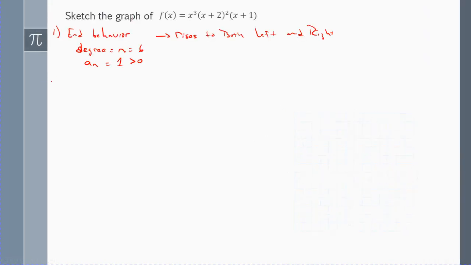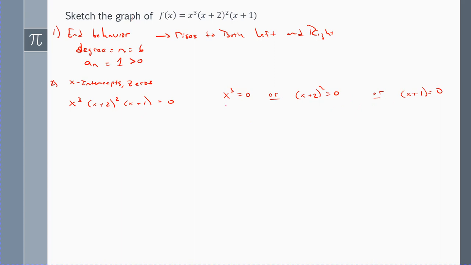Let's find the zeros, the x-intercepts. I'm going to set this whole thing equal to 0. Look here, you have 3 factors. You have x cubed equal to 0, or x plus 2 squared equal to 0, or x plus 1 equal to 0.